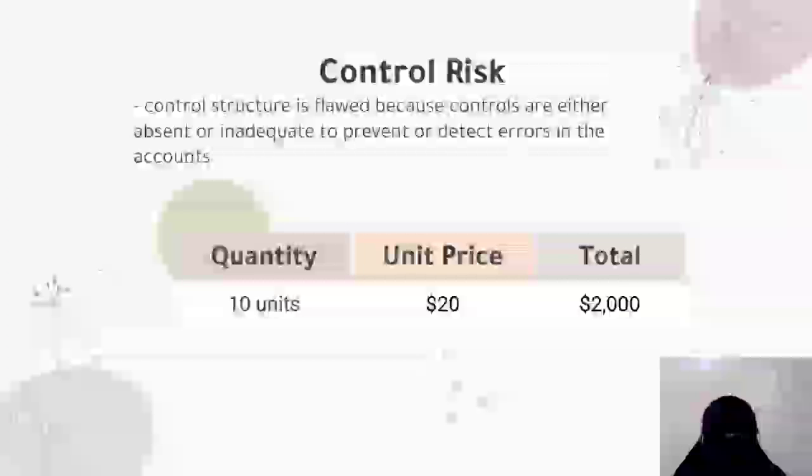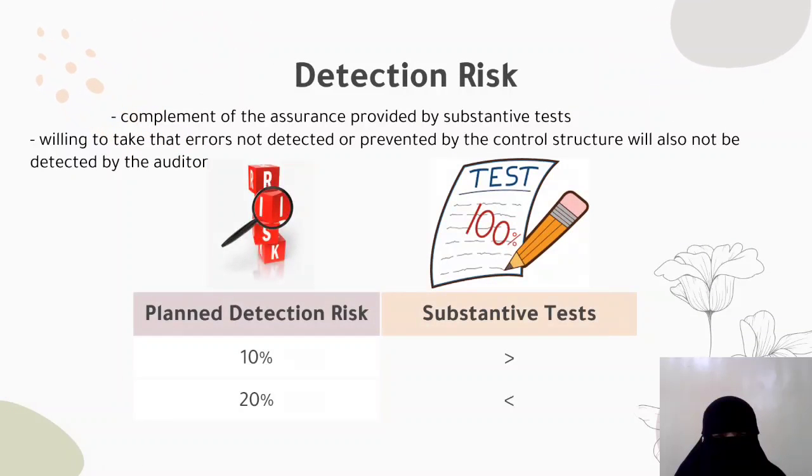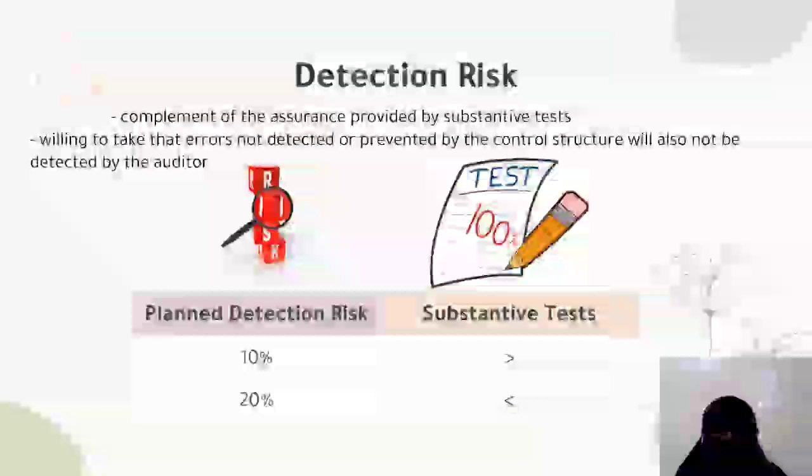The results of the test will indicate that price extension errors are not detected and are being incorrectly posted to the accounts receivable file. Now, for the detection risk, this is the risk that although the auditor performed audit procedures, the auditor still cannot detect the material misstatement.